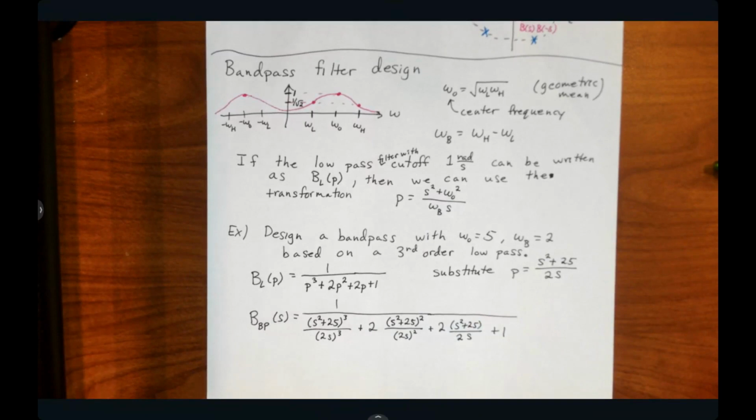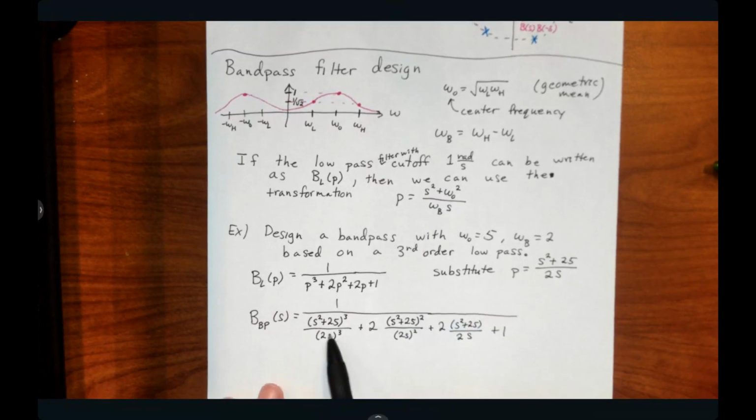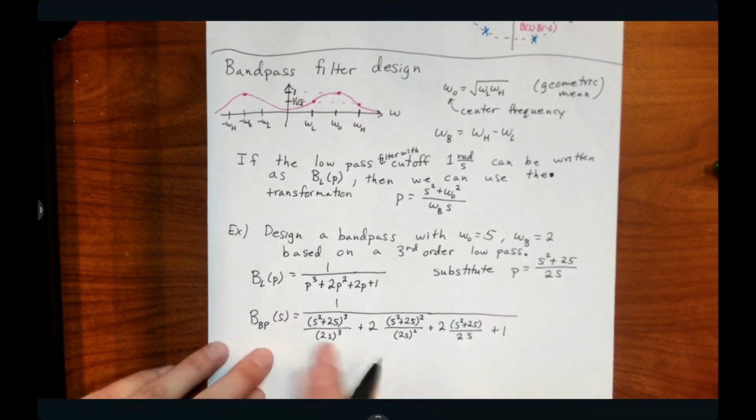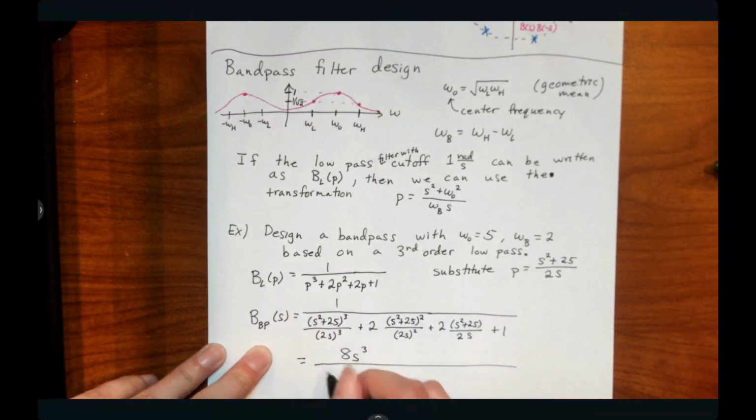Depending on personal preference, maybe we could take this, so everything is actually S in the top and bottom. So take this 2S cubed here and multiply top and bottom by that. So a lot of really messy algebra going on here.